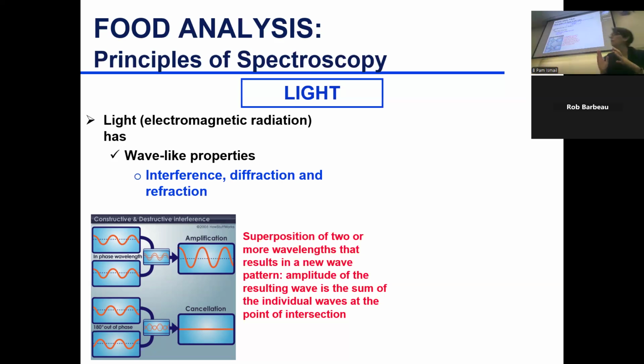Sometimes we project the light in a way that the waves cause amplification, meaning they meet in space where the maxima coincide with each other and the minima coincide with each other. So there is an amplification of the wave. Sometimes we do that in IR instrumentation to enhance sensitivity.